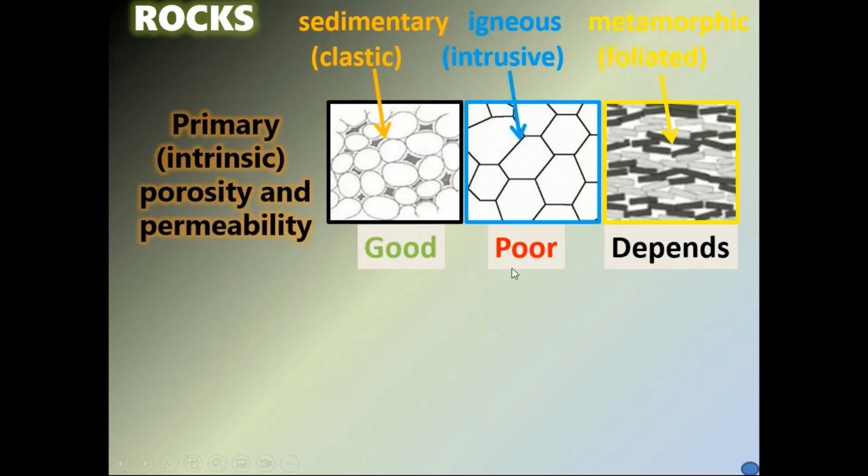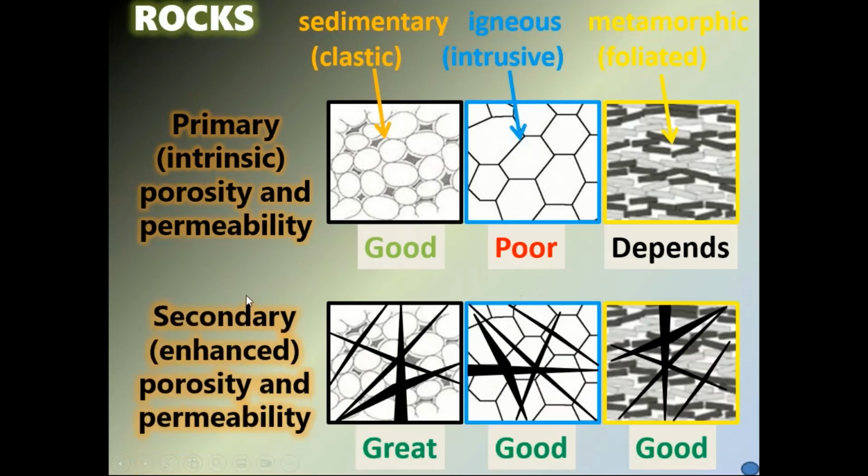But Mother Nature can change this if you take any one of those rock types and you just break it apart, you fracture it. So this could be done when Mother Nature starts applying stresses to rocks, right? Due to earthquakes, or anything that causes the rocks to break.